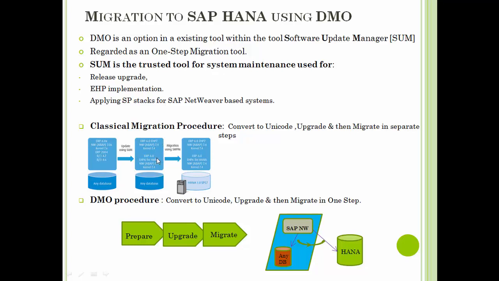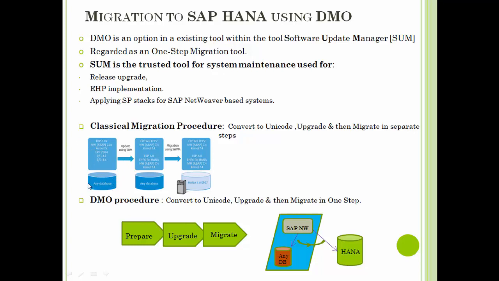And then we have to do the migration using the SWPM tool, that is take the export and then import, so that finally we will have a solution running on HANA 1.2. But prior to this, we have to perform the Unicode conversion, make it Unicode compatible.